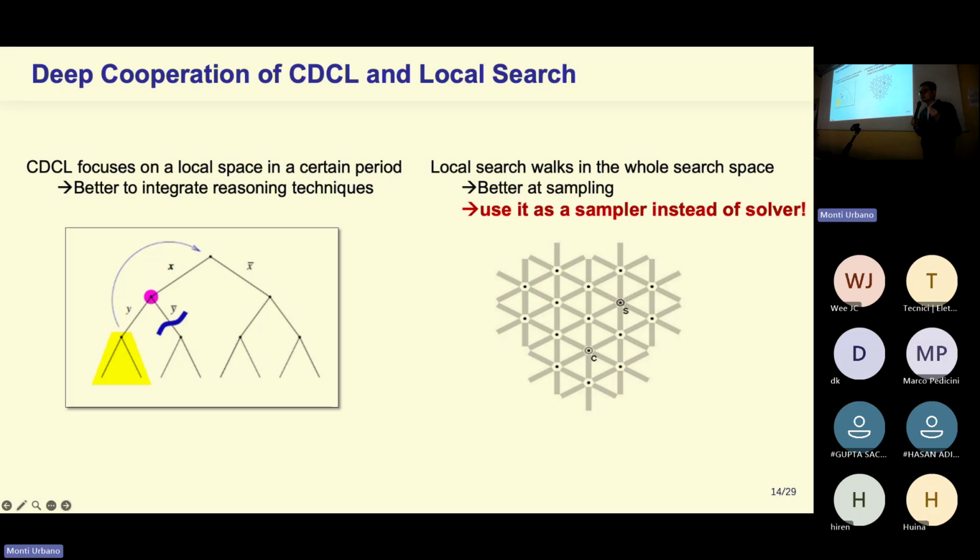We can give up its solving ability. Instead, we can tailor it. We can design it as a sampler. So we use it as a sampler instead of a solver. We use it to gather some information, and this information is used to help CDCL. So whether local search can solve the formula or not is not important any more. What is important is what information you can gather that can be used by CDCL.